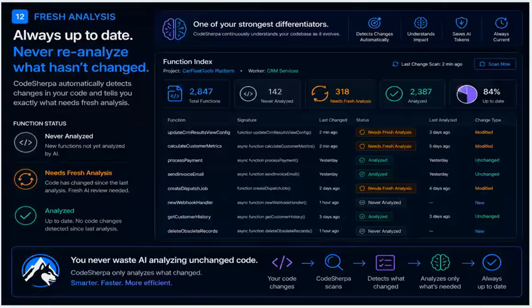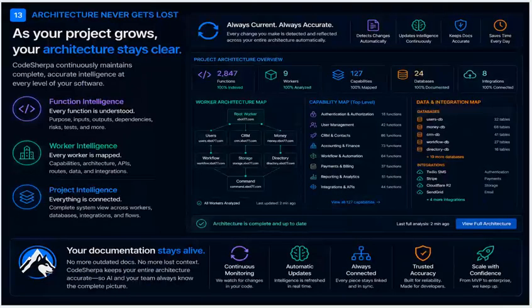It'll then tell you that they need a fresh analysis. Those that have already been analyzed and do not change from one backup to the next, you're not going to have to run those again. So it really dramatically speeds up and makes more efficient your AI analysis process.